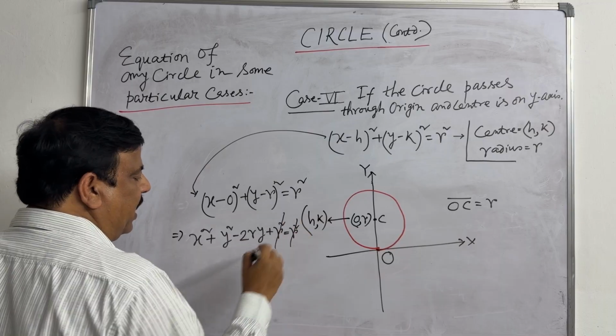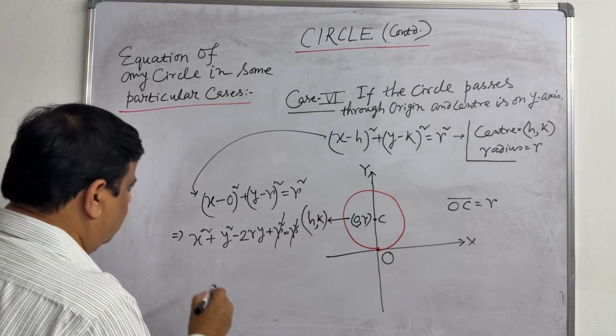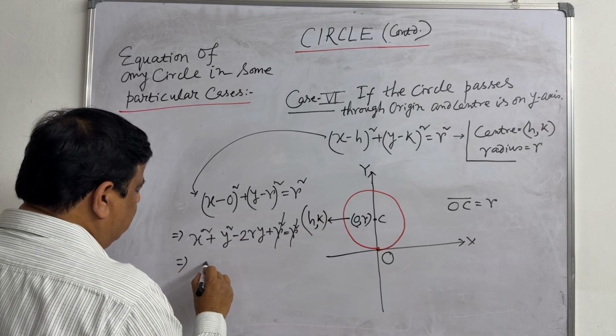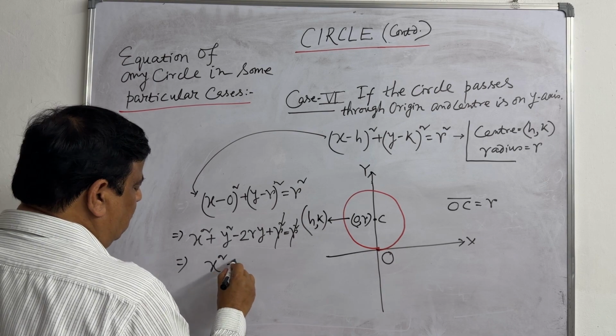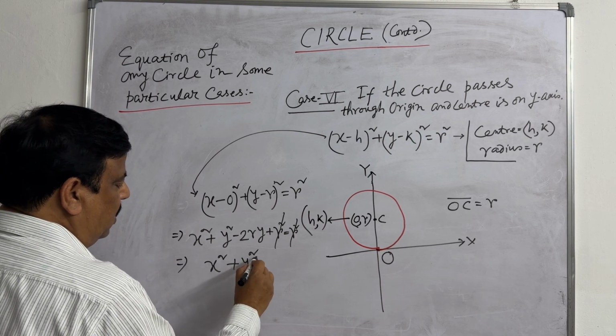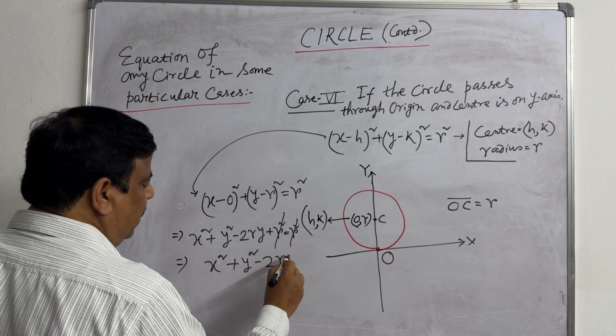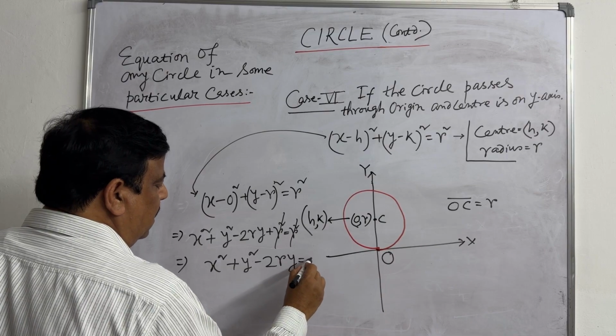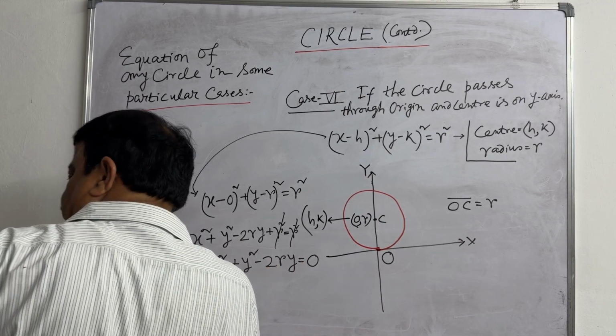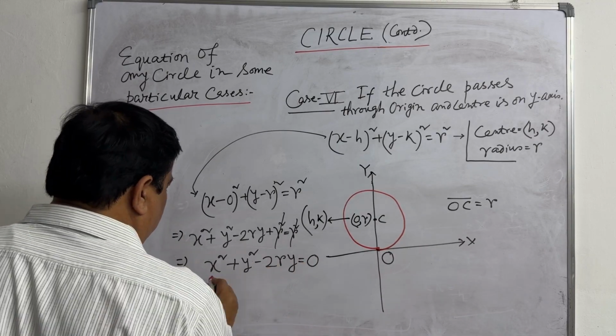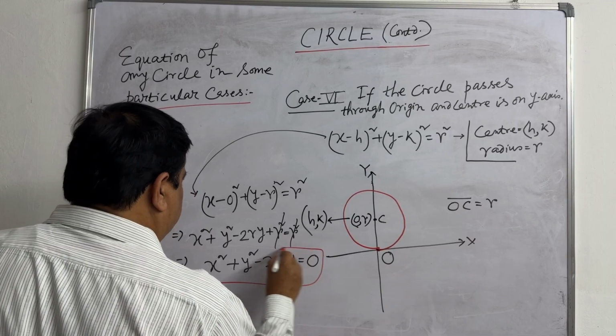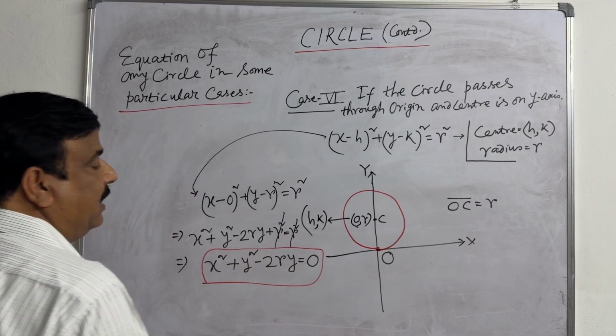This r square cancels each other. So what is the final equation? That is x square plus y square minus twice ry is equal to 0. So this is the equation of the circle.